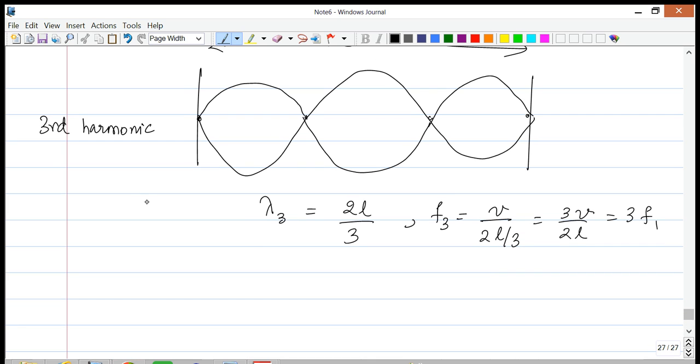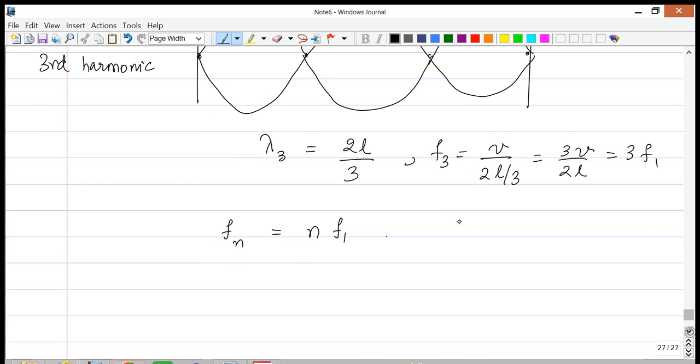If we keep following this, what we know is that the frequency for the nth harmonic is simply going to be equal to n times my fundamental frequency. This makes life very easy. Look at the patterns and just prove to yourself that this is what you end up getting. Or we can also write the wavelength for the nth one as 2L divided by n.